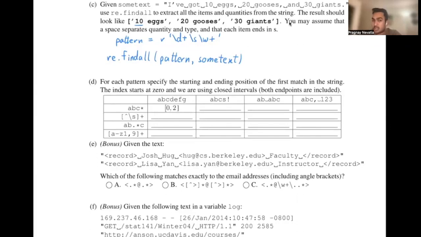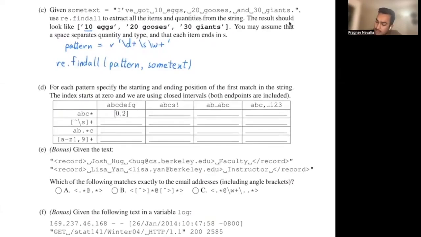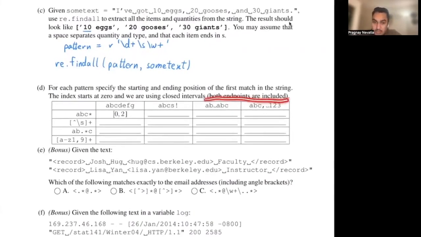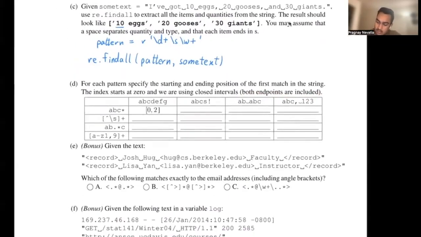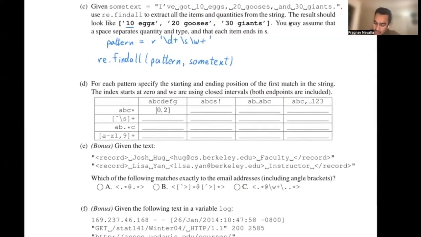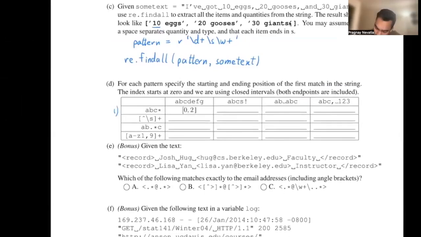The index starts at 0, and remember that. Here we are assuming, for the purposes of this question, that both the endpoints are included. Okay, so keeping that in mind, let's work on the first row. We'll go row by row.